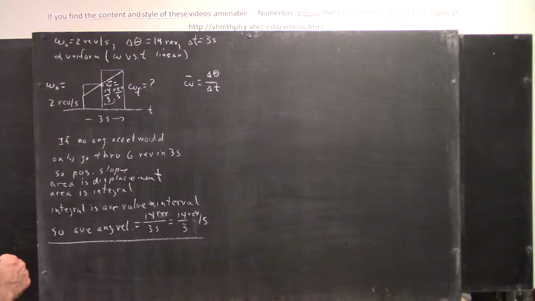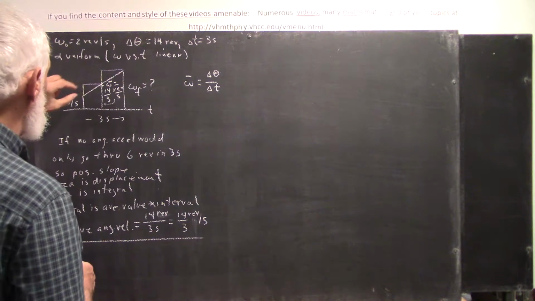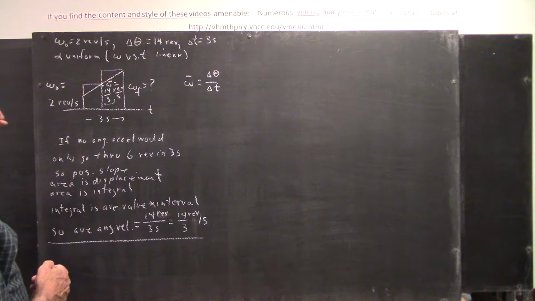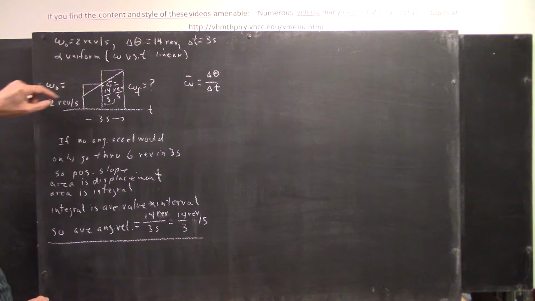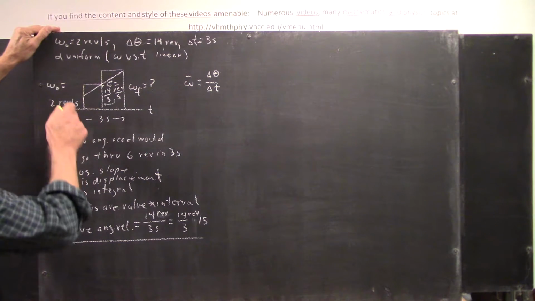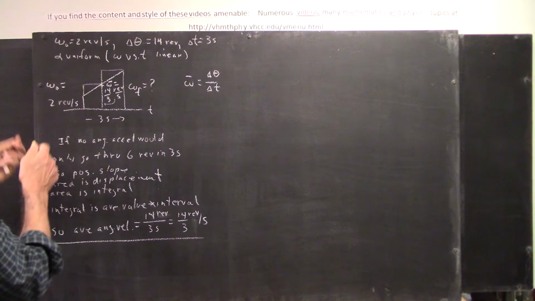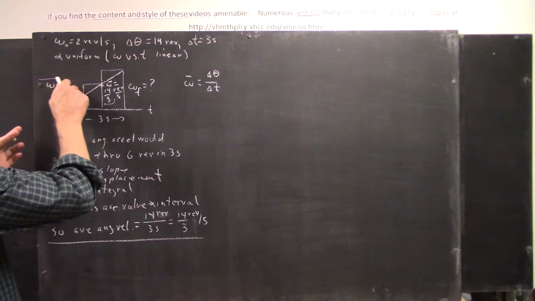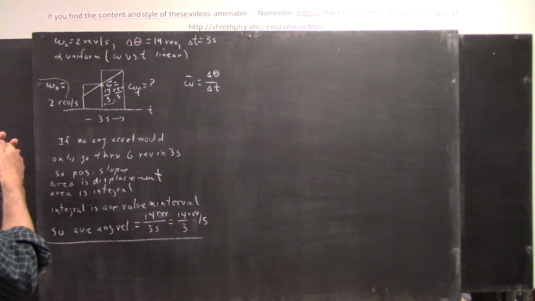Okay, well, what's the rise here? Well, the rise is from 2 revolutions per second to 14/3 revolution per second. So the rise here, let me kind of do a little demarcation.